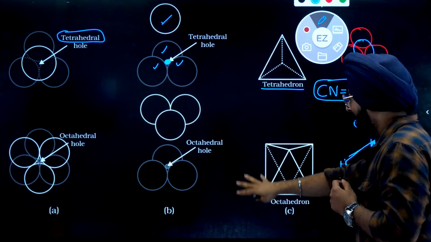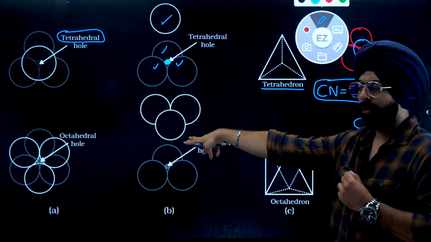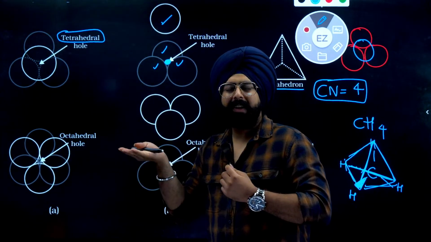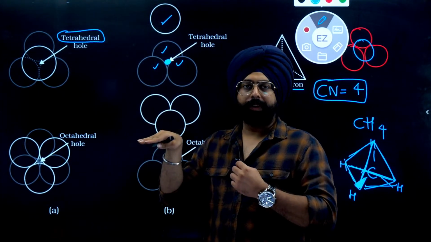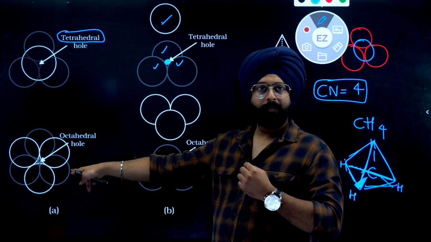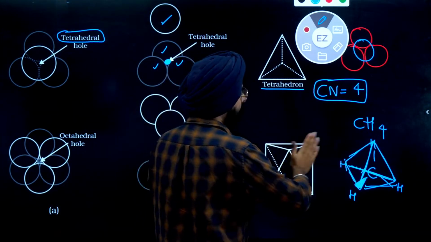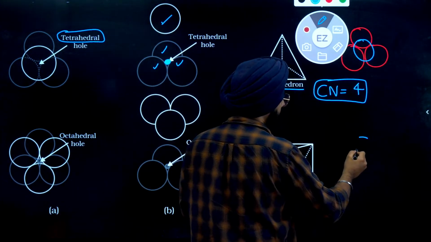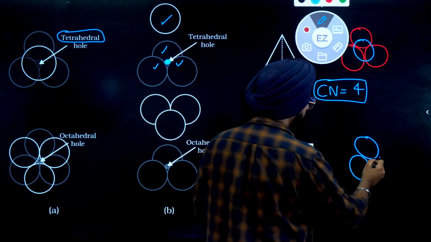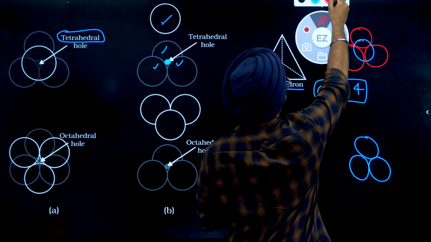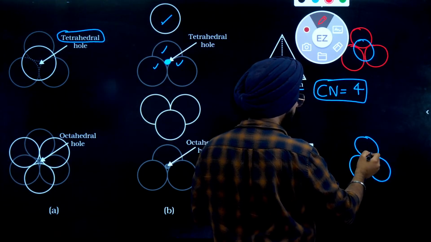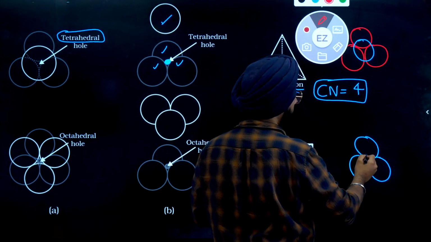Tetrahedral void. Now the next case is octahedral void. What we are doing is basically taking a trigonal void and putting another trigonal void on top of it. Can you see? If you want to draw that, you take a 2-dimensional trigonal void and place another trigonal void on top of that.